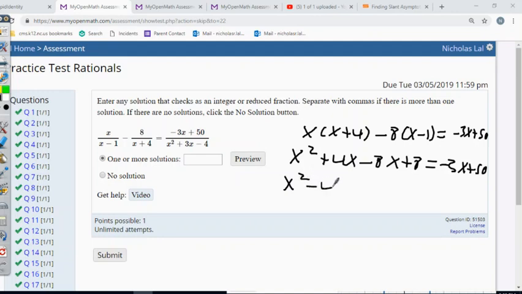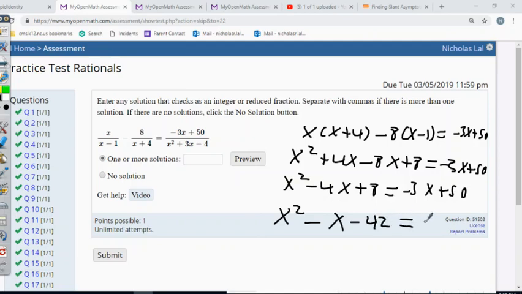x squared minus 4x plus 8 is equal to negative 3x plus 50. x squared minus x minus 42 is equal to 0. So 7 times 6 is 42.